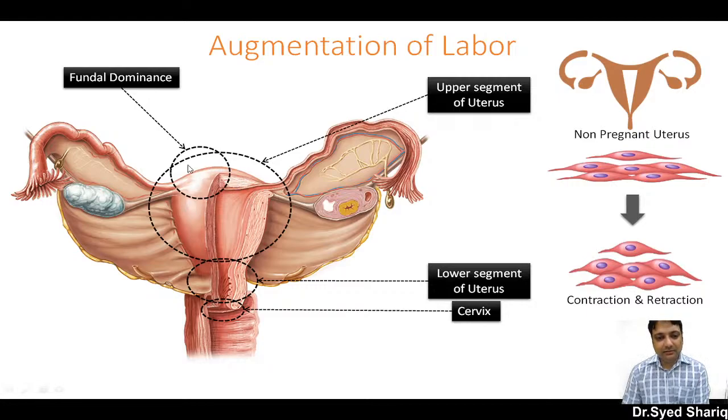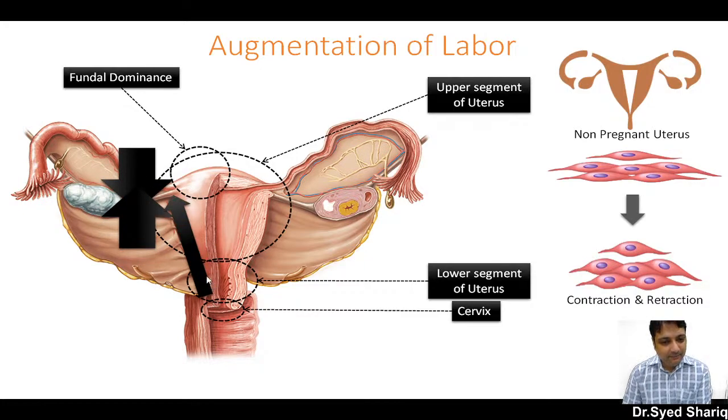When this contraction takes place, what happens? It pulls the cells in the lower segment and the cervix upwards because of the contraction of the cells around the fundus.